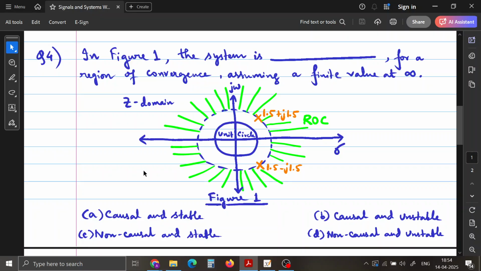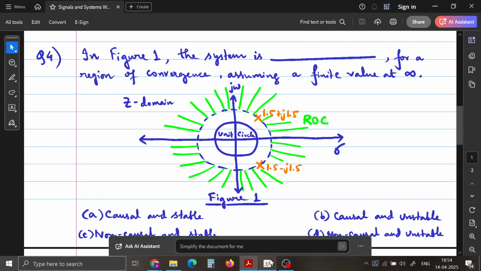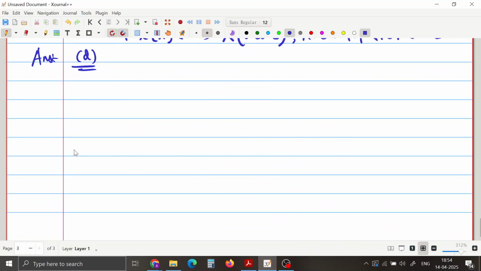In order to comment about causality and stability of the system by looking at the ROC, you need to know the properties again. You have to go back. So let me first write those down.